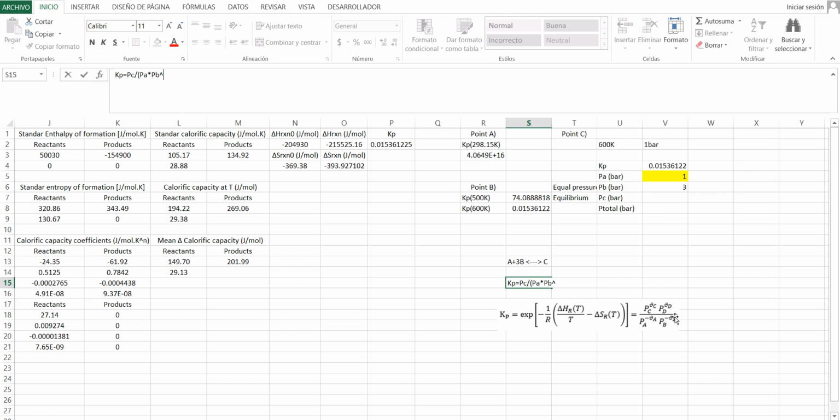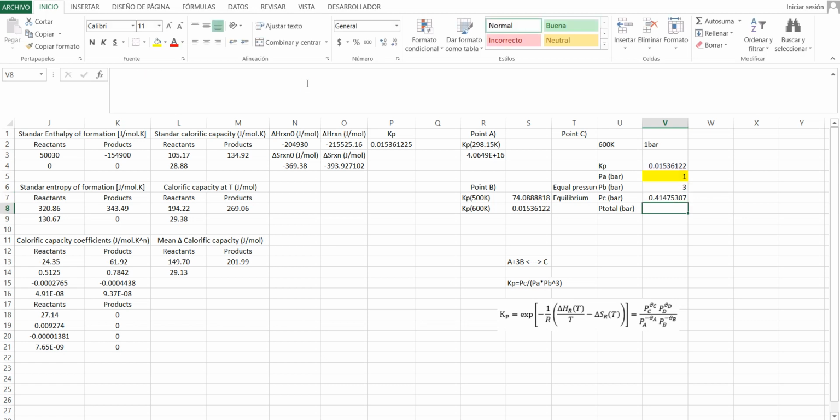The stoichiometric coefficient of hydrogen is minus 3, so it's raised to 3 because minus times minus is plus. So we have this equation, and as you can see from here, we can solve for PC. How do we do that? We just multiply everything that is divided in this equation to the left hand side, and there we have PC. So PC would be the Kp times the partial pressure of A, that is toluene, times the partial pressure of hydrogen raised to the third power.